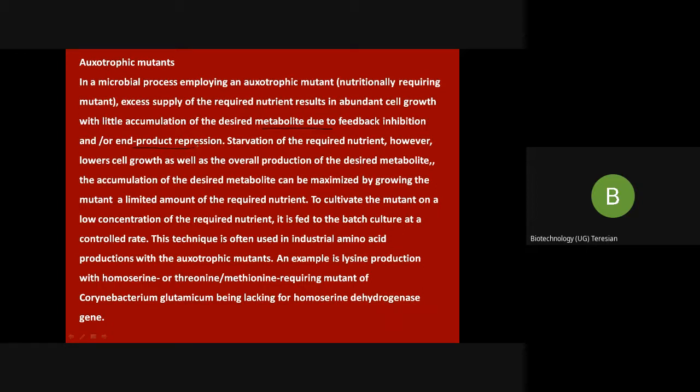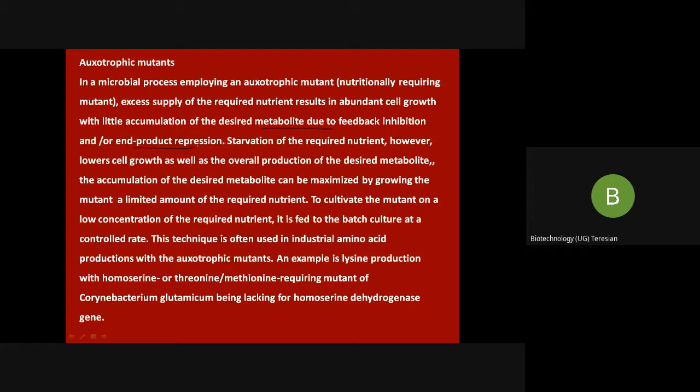That is, your products are being formed, and your products themselves act as feedback inhibitors. They can inhibit any of the enzymes in the pathway, and then the end product, your metabolite, is very little. So what will you do, will you starve your organism?